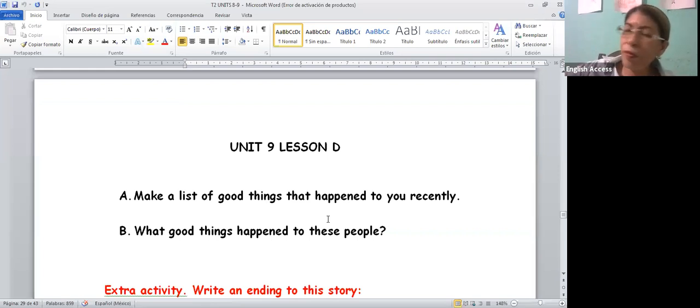Before moving to lesson B, we're going to do these activities. Activity 1 or letter A. Make a list of good things that happened to you recently.